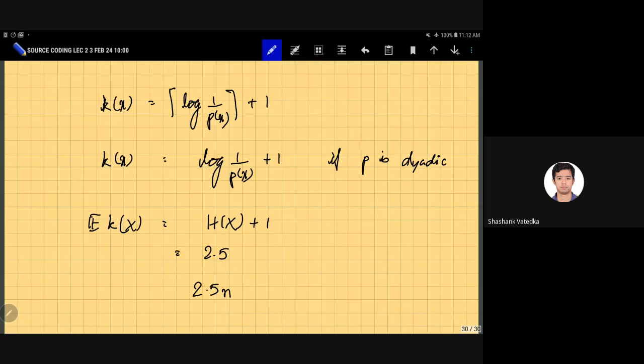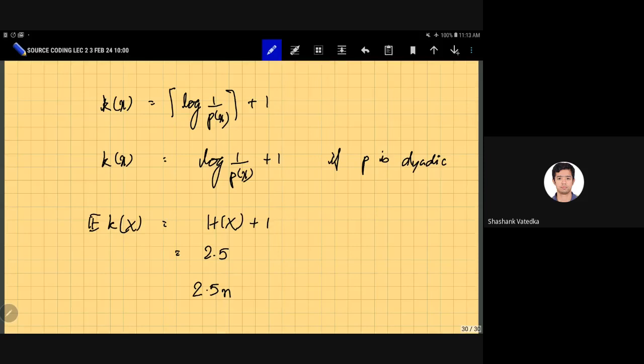That is not true. So for the non-dyadic question, symbol-wise Shannon-Fano-Elias encoding will achieve an expected length greater than that. Yeah, so that statement is false.